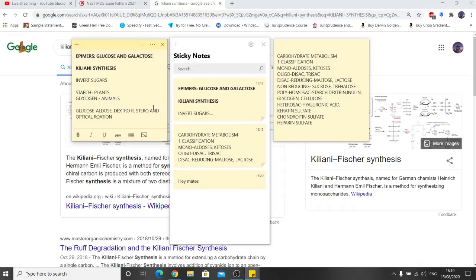A glycoside contains a sugar molecule, glucose, and a non-sugar molecule. A fructoside contains a fructose sugar molecule and a non-sugar molecule. Glycoside and fructoside.